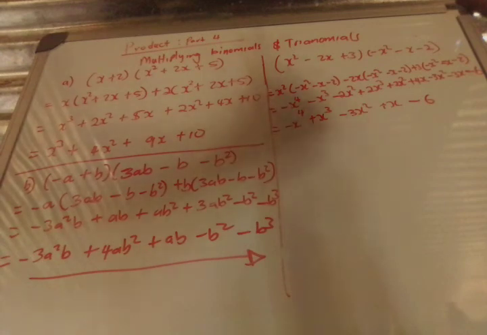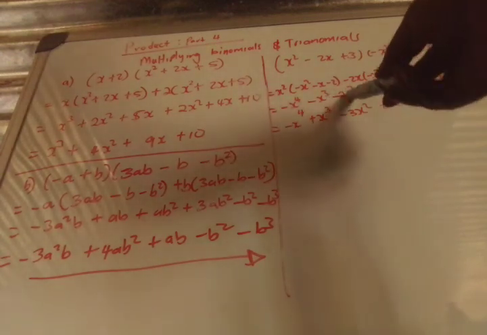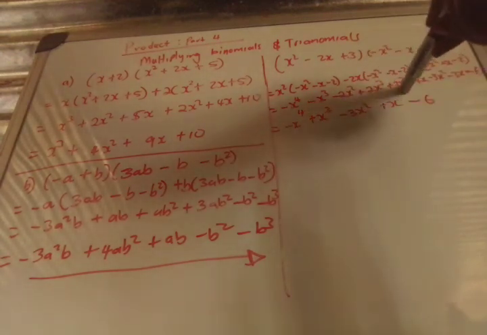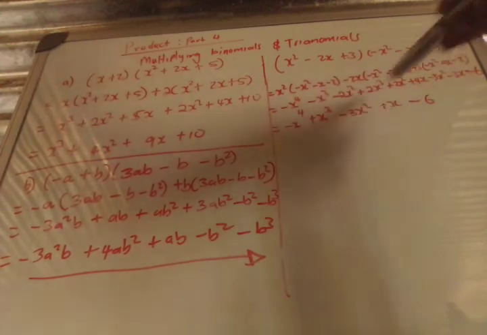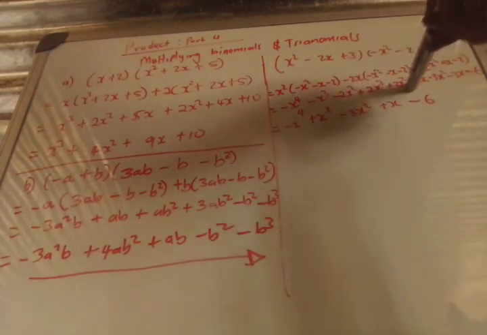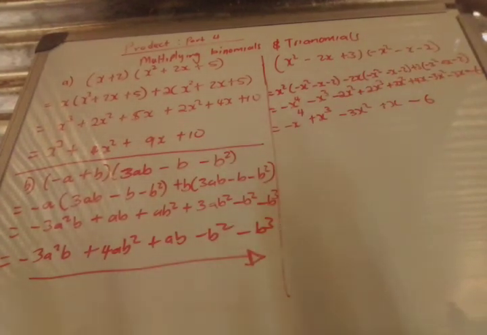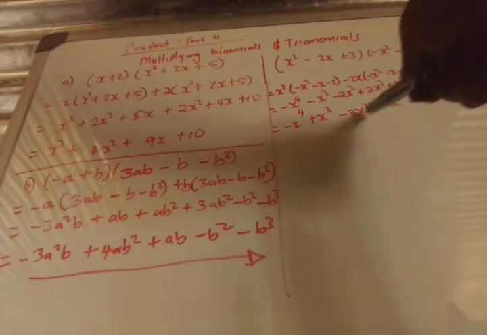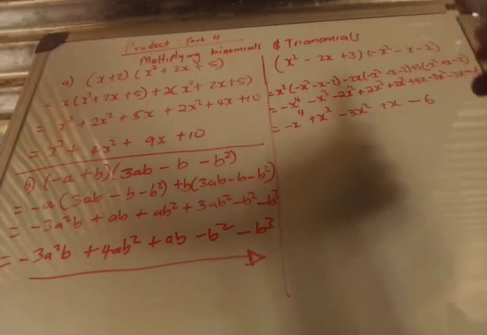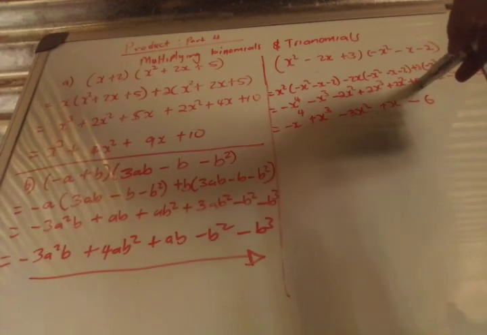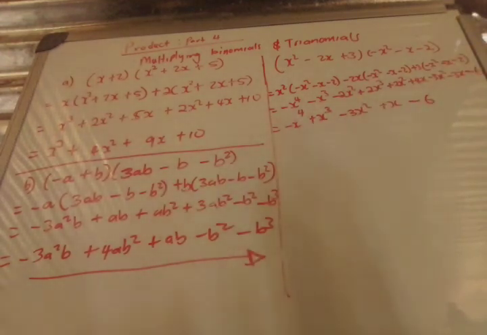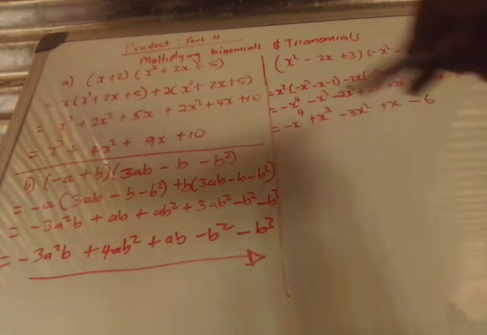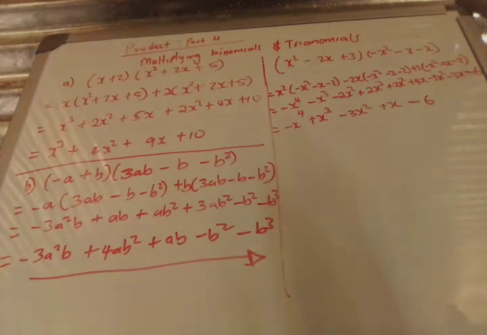For the power 2, you'll have negative x squared plus 2x squared minus 3x squared. So these two will cancel, and you'll be left with negative 3x squared. For the x's, it's 4x minus 3x, which is just x, and the negative 6, you just drag it down.